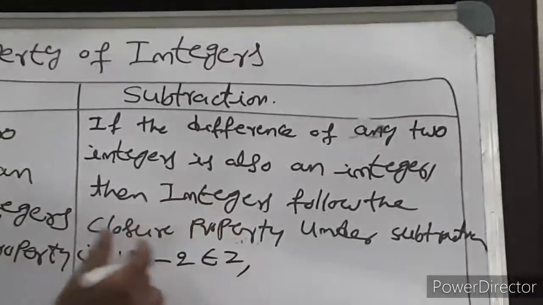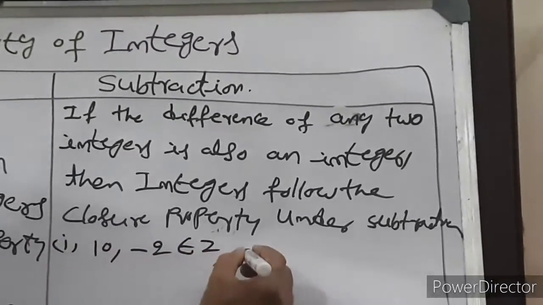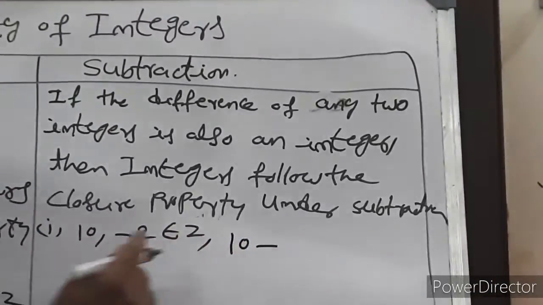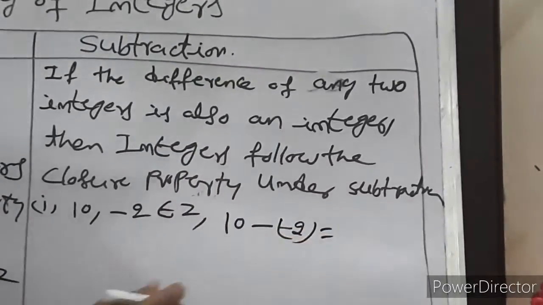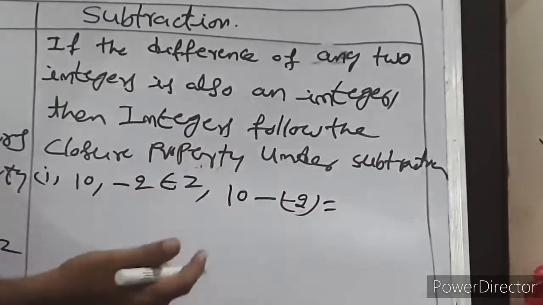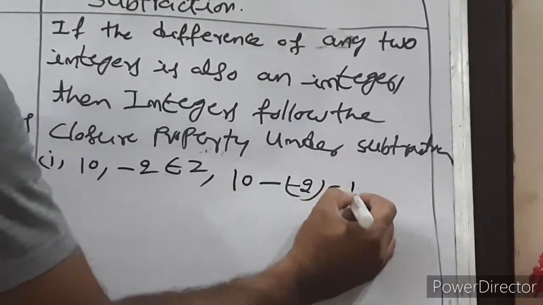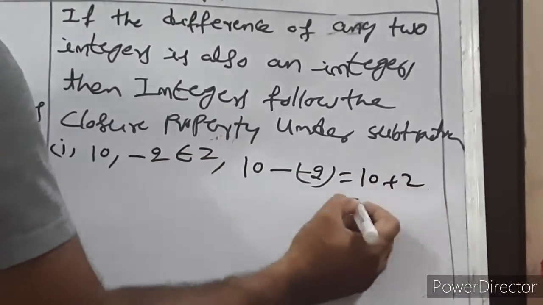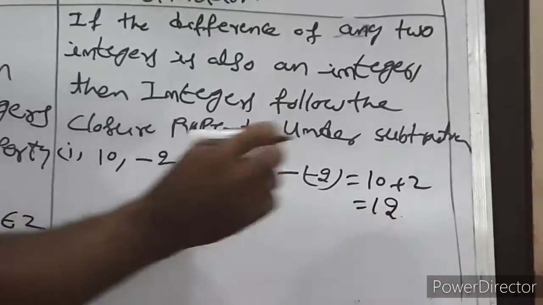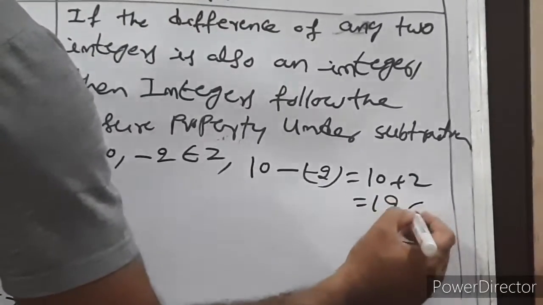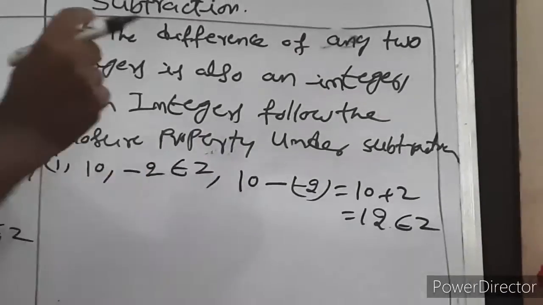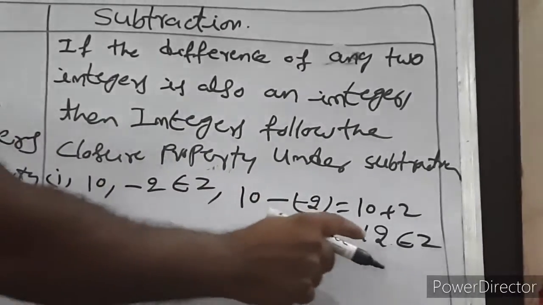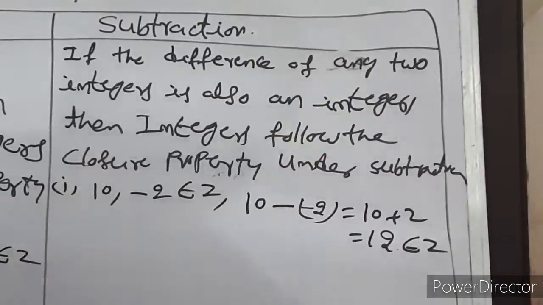The difference means subtract. That is 10 minus (-2), which is minus of minus 2 means plus, becomes plus. That is 10 plus 2 is equal to 12. So 12 is also an integer. So 12 belongs to Z.